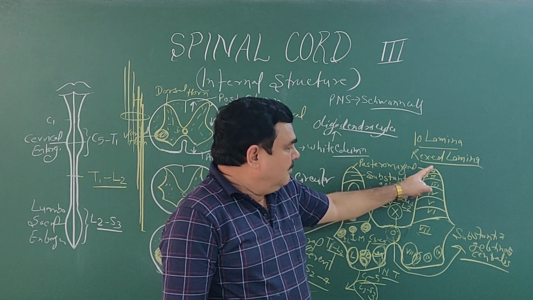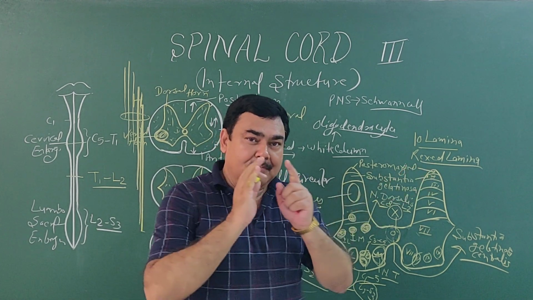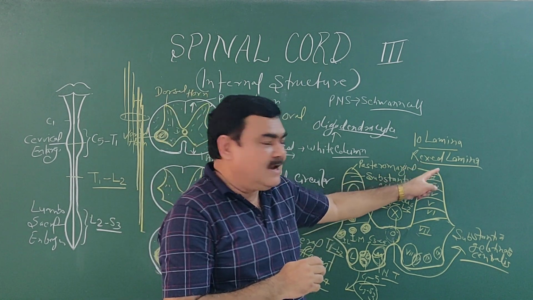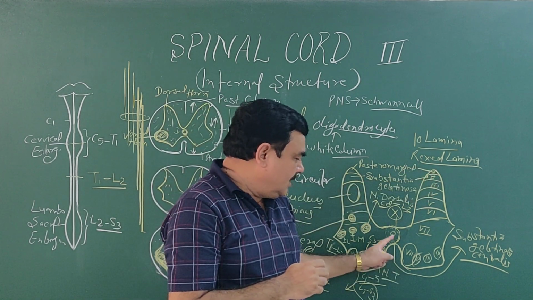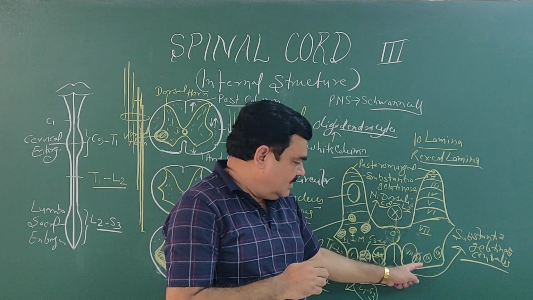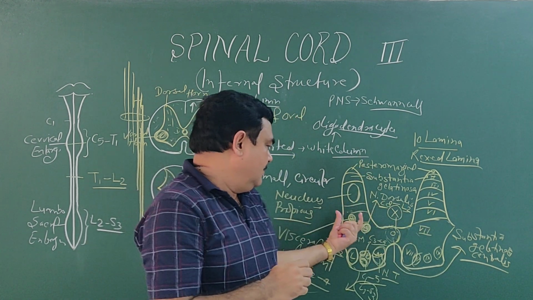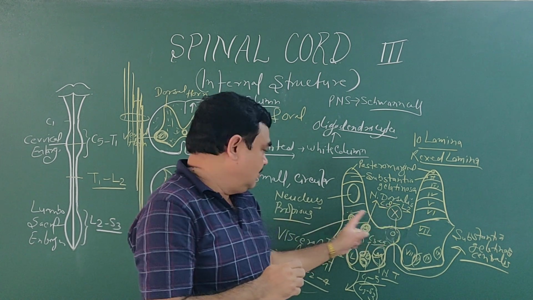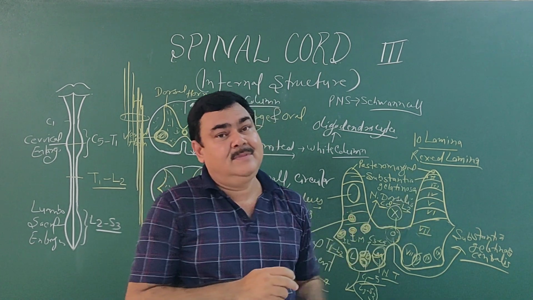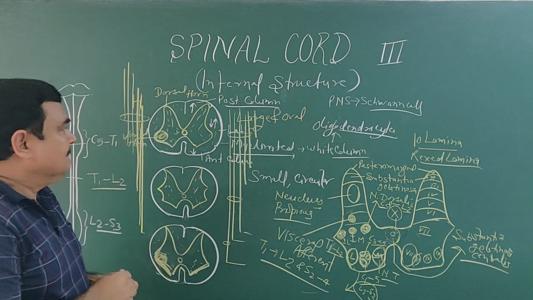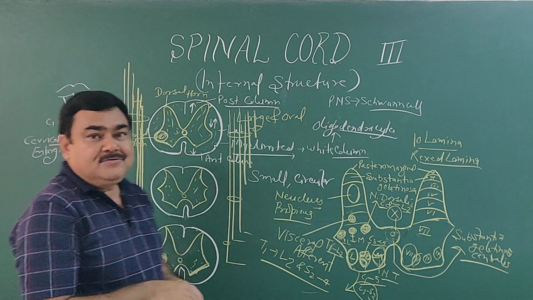And if it is divided in the lamina form, then this is known as Rexed laminae, from 1st to 10th lamina, as you have seen. And you can correlate which nuclei are related to which lamina. So this is all about the spinal cord part 3. Thank you.